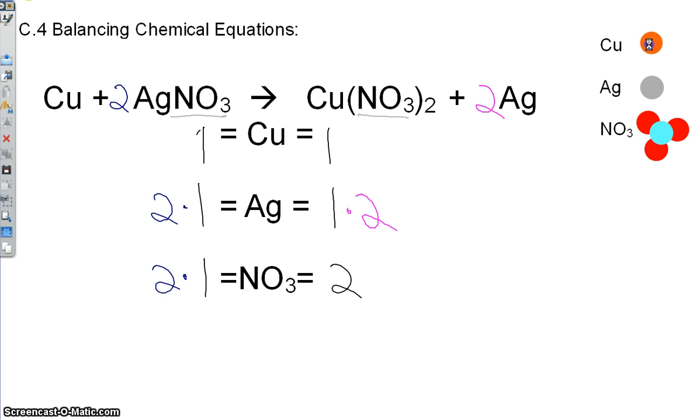So if I'm starting with a copper atom and 2 silver nitrate compounds, I can rearrange those to make 1 copper 2 nitrate compound and 2 silver atoms, and it works out just fine. Okay?